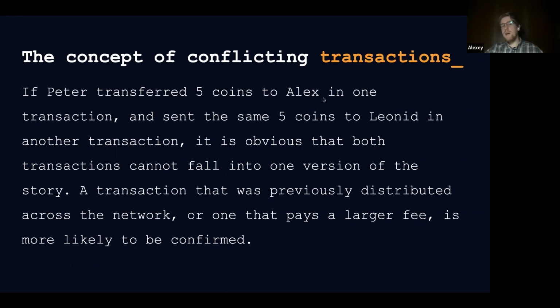So this will be higher in the mempool, and validators will be more likely to pick this transaction from the mempool, process it and include it in the block. And then the next time the validator encounters the second transaction where he sends 5 coins to Leonid, the node will simply reject it, because the coins are already spent and they cannot be spent one more time.